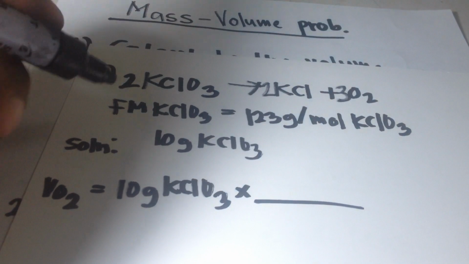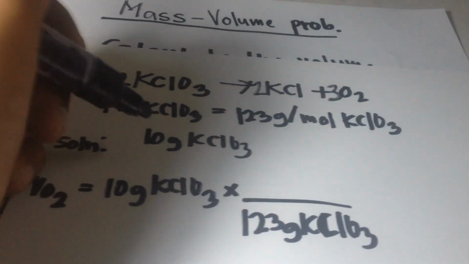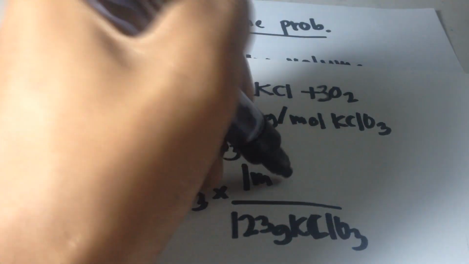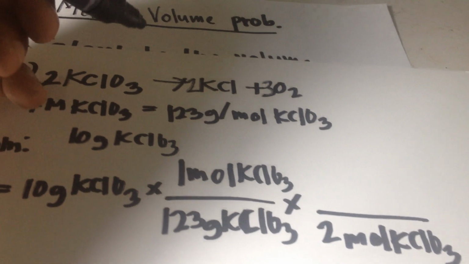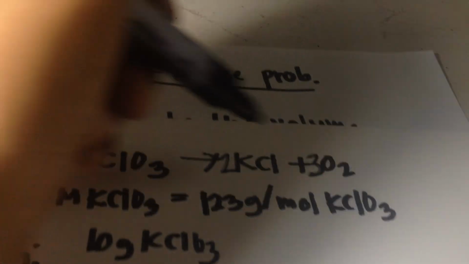times the molecular weight, which is 123 grams of potassium chlorate, and 1 mole of potassium chlorate, times 2 moles of potassium chlorate. So divided by 2 moles of potassium chlorate, and times the 3 moles of oxygen gas here.